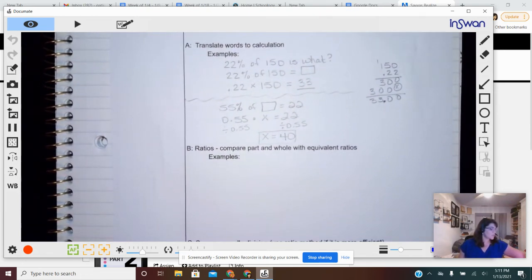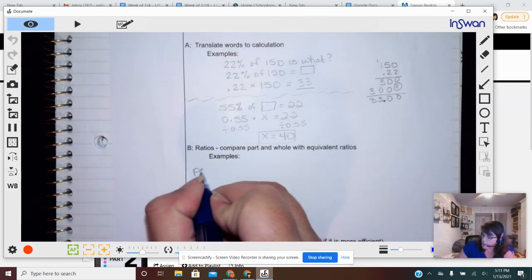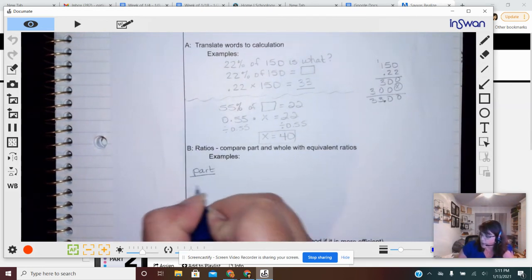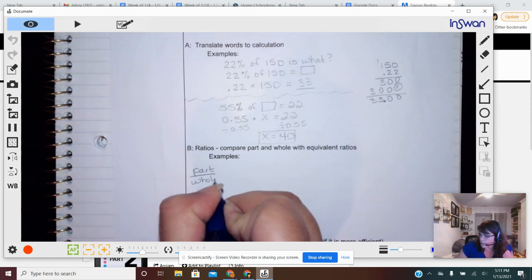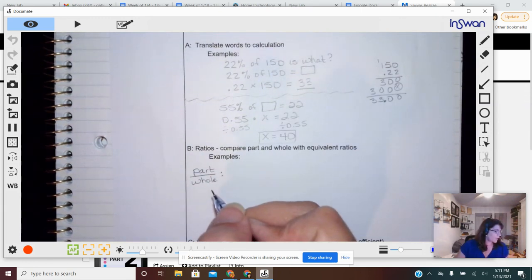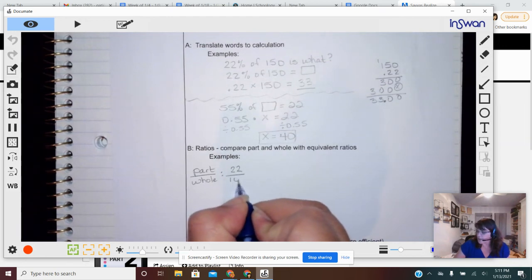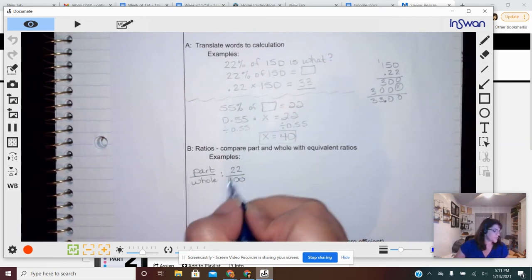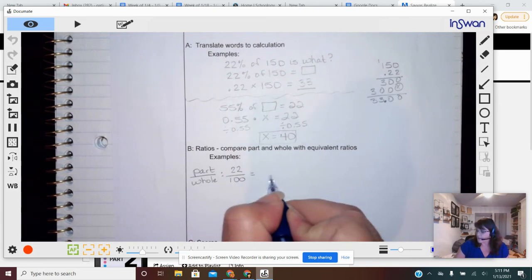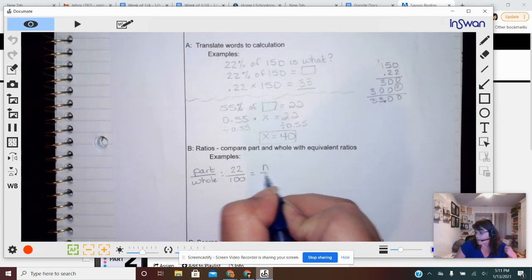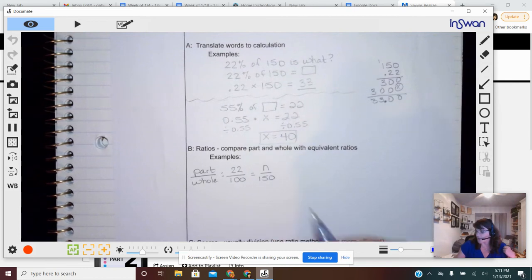This method uses ratios, and I'm going to use the same problems, and we're going to use ratios to solve them instead. A ratio is part versus whole. We said 22 hundredths, that was 22%, right? Is what part of the total 150?